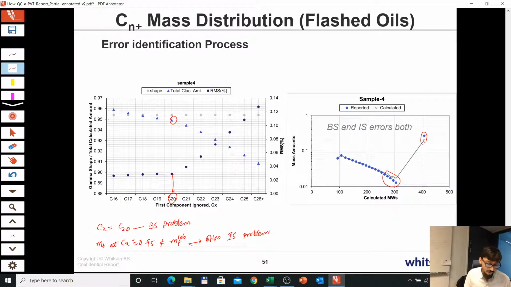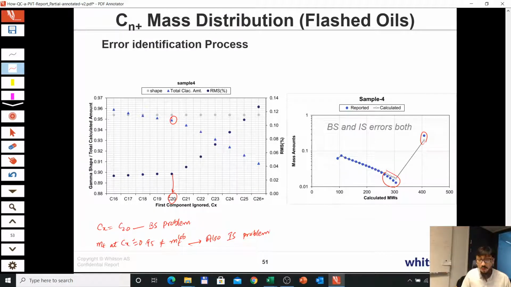So this method is exactly pointing out the right component from which we started introducing the error. So without the information that I just mentioned to you, you can use this workflow and find out exactly what the problem in the gas chromatography is and from which component it starts.